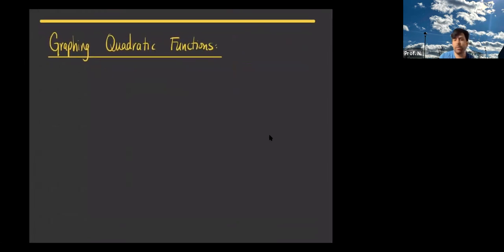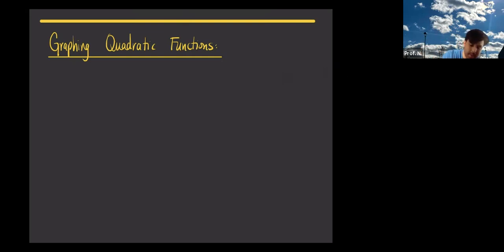So we should know, right? What do we call the graphs of quadratic functions? What's the shape of a graph of a quadratic? What kind of shape does it give us? Has everyone seen what a graph of a quadratic looks like, x squared, for example?